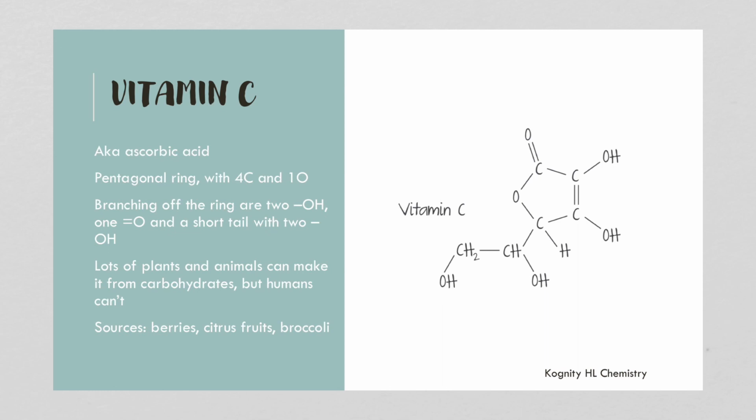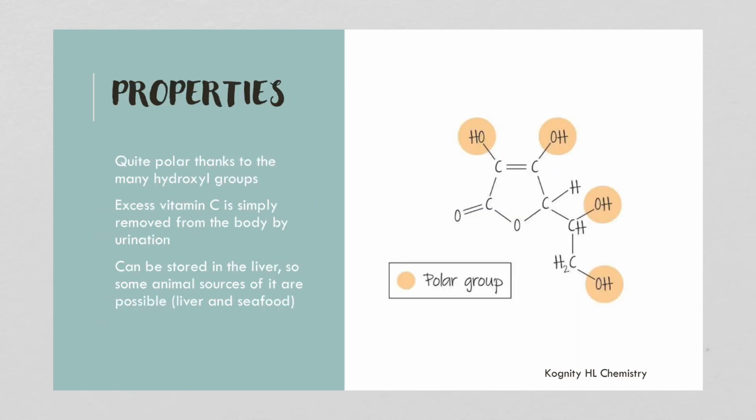So a lot of plants and animals can make vitamin C from carbohydrates, but humans don't have that ability. So some sources of vitamin C are berries, citrus fruit, and broccoli. Broccoli is actually a good source. Again, thanks to all of these hydroxyl groups, this molecule is polar.